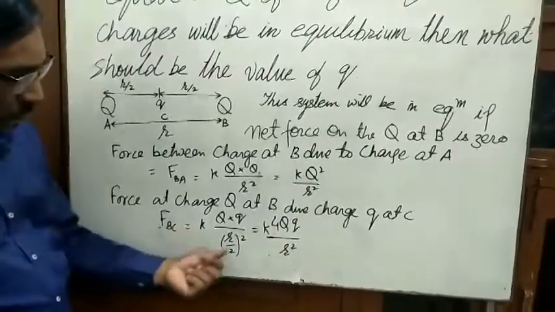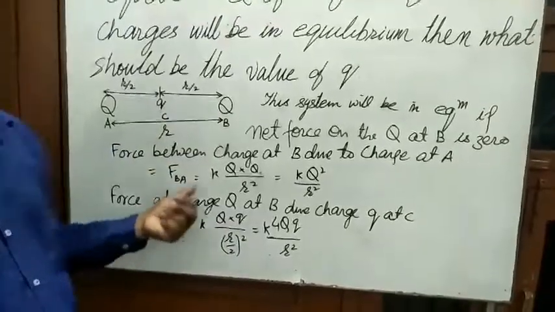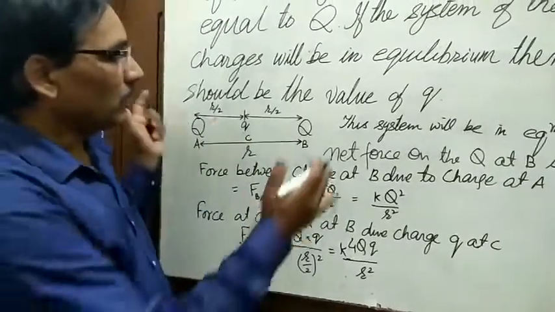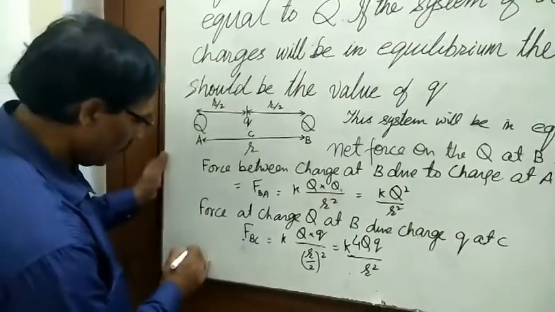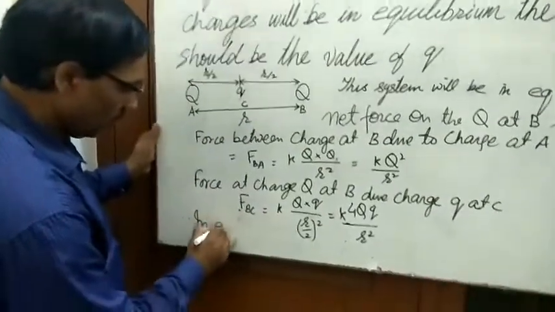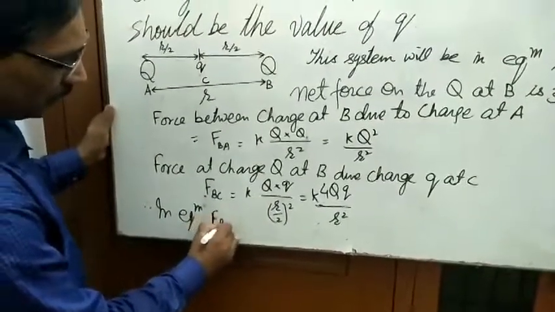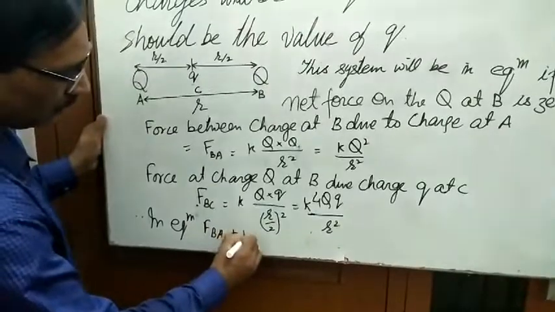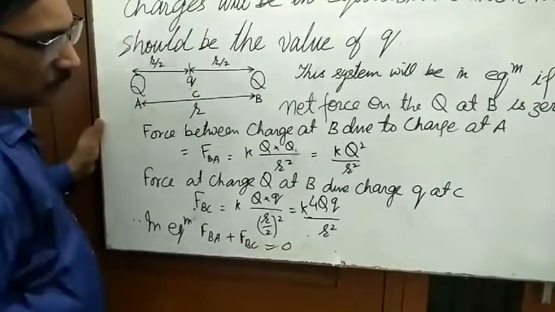Now we have got the two forces which are acting at Q. Now the sum of these two forces must be 0 so that the system is in equilibrium. Therefore, in equilibrium, FBA plus FBC is equal to 0.